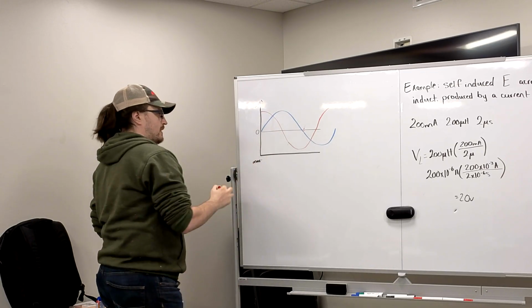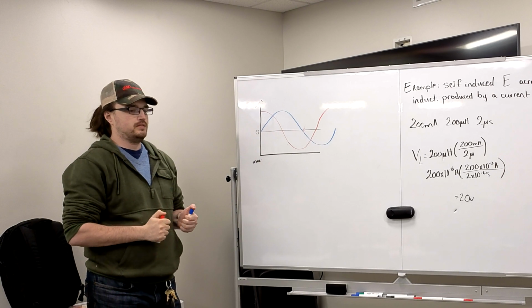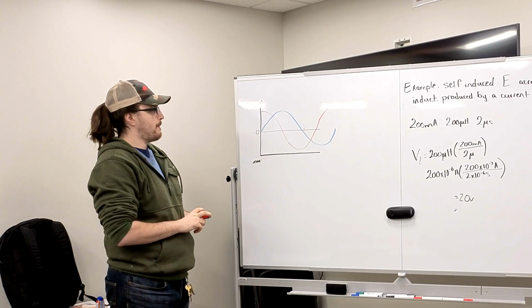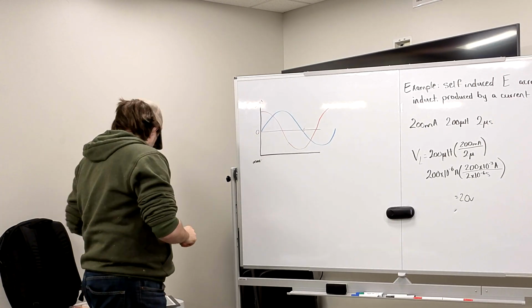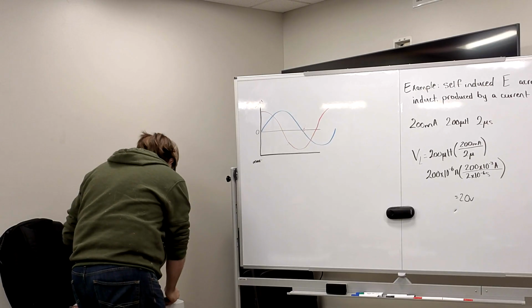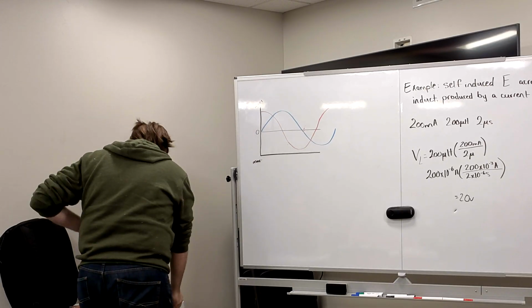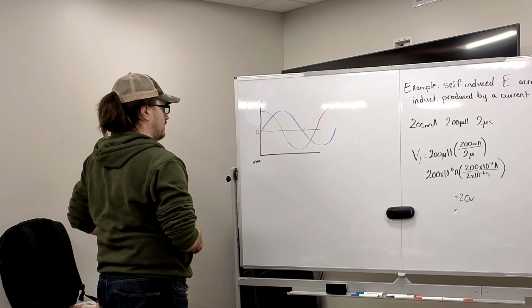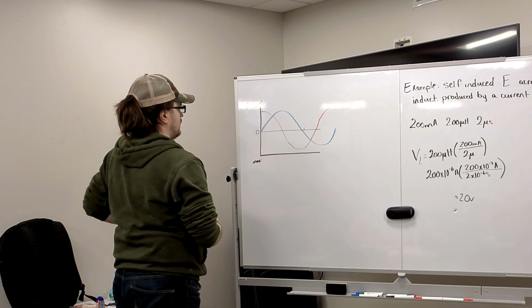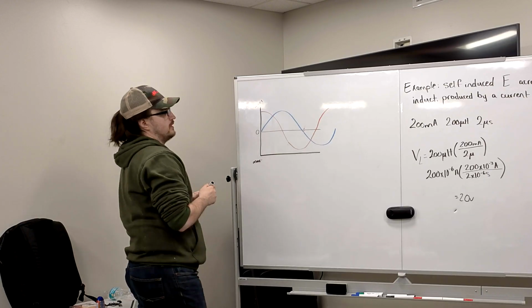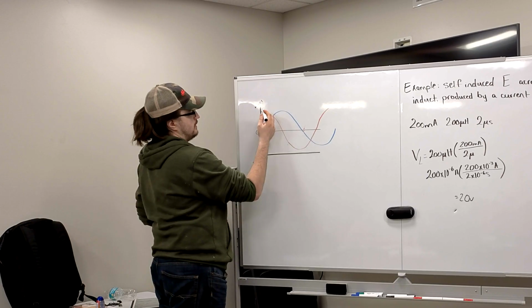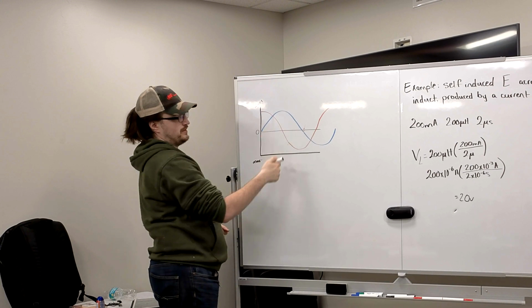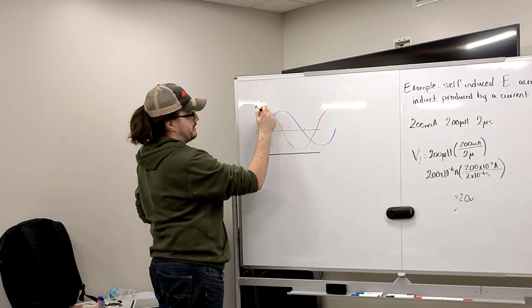All right. Which one is voltage? Which one is current? Red is voltage, blue is current. Why? Because the red leads. So the way this works, induced voltage is, the reason this is going up isn't because this is going down, it's because this is changing.